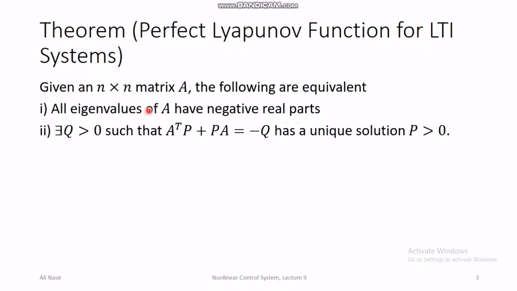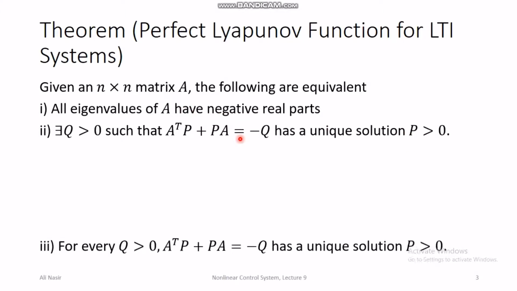That will mean that A is a Hurwitz matrix. So you don't have to calculate eigenvalues of A if the equation is solved. If you solve the Lyapunov equation for some Q, you are guaranteed that the eigenvalues will have negative real parts.